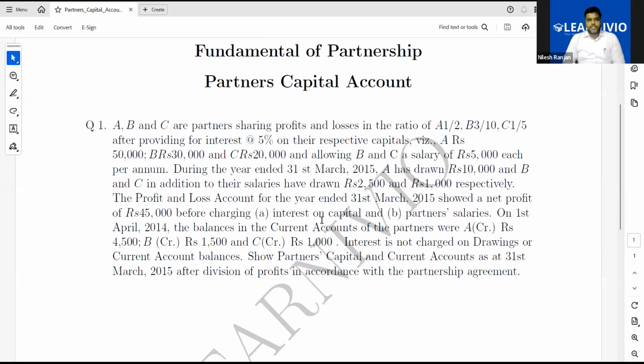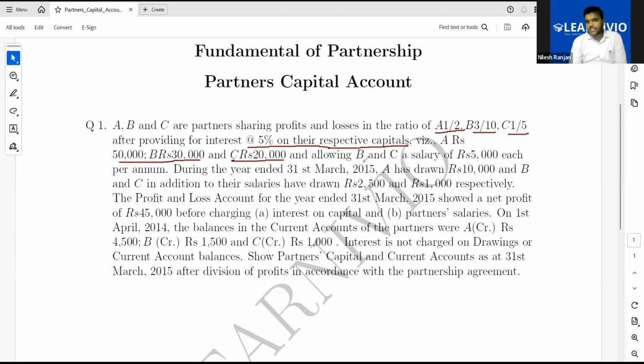Yes. A, B, and C are partners sharing profit and loss in the ratio of 1/2, 3/10, and 1/5, after providing for interest at the rate of 5% on their respective capital. A's capital is 50,000, B's 30,000, and C's 20,000.